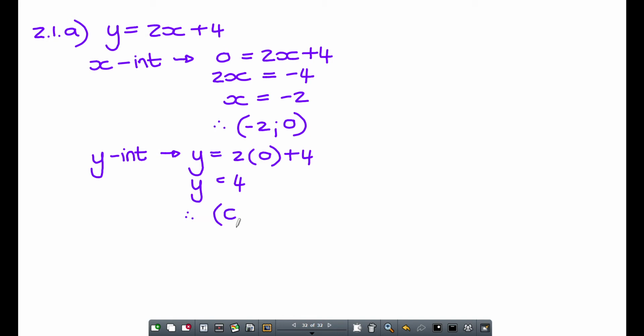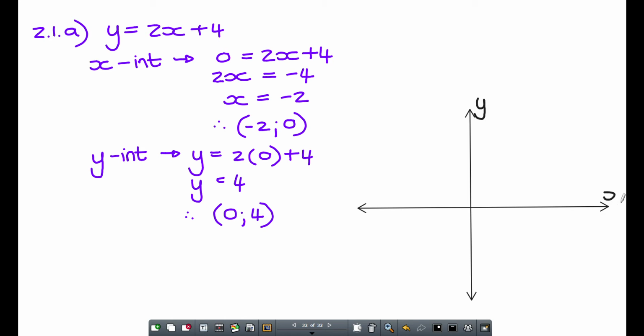Class. Okay, so if x is 0, then y will be 4. Now, remember yesterday I said you don't even have to make lots of numbers on your Cartesian plane.